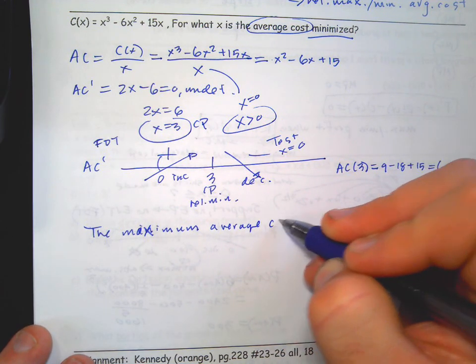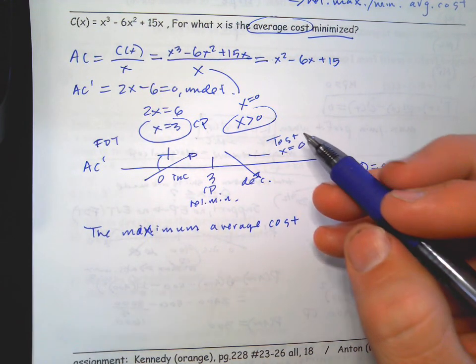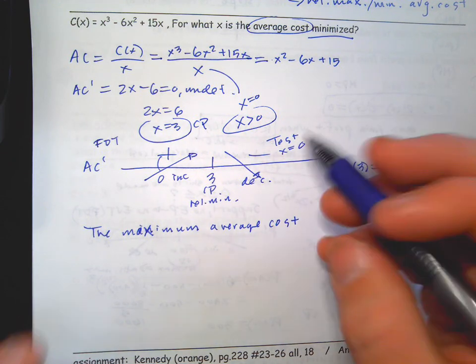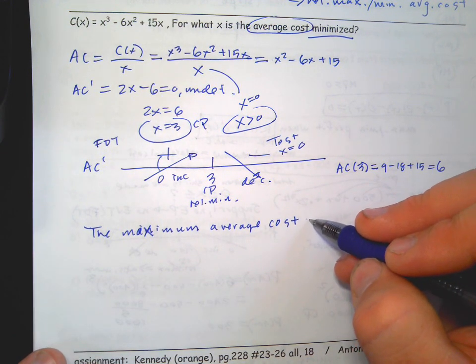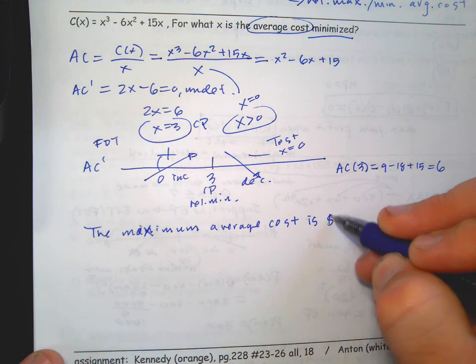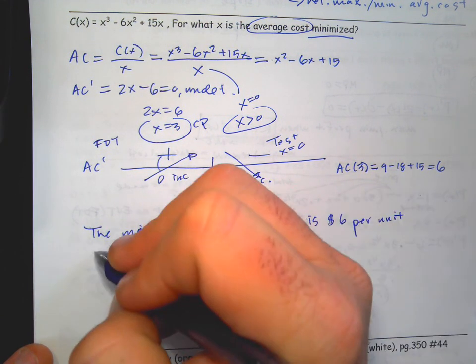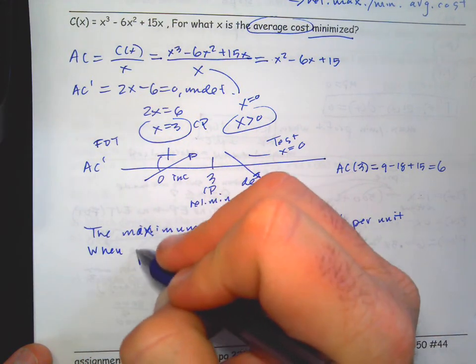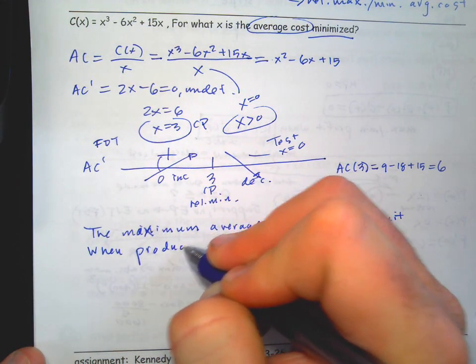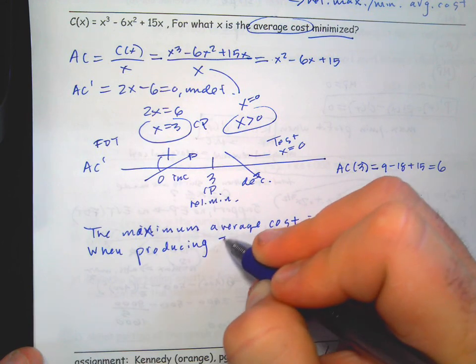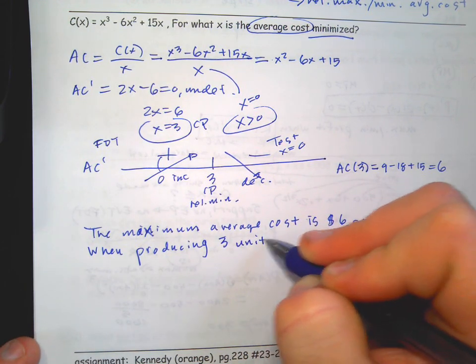The minimum, I guess, would have to be, I don't know. Maximum average cost is $6 per unit when producing 3 units. So something like that.